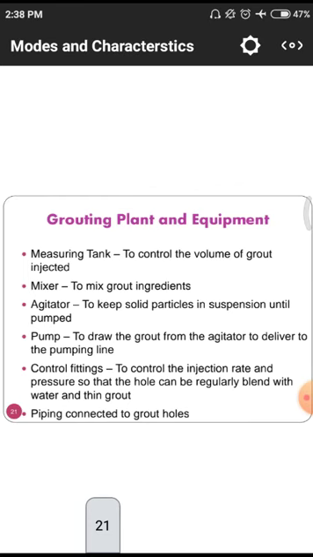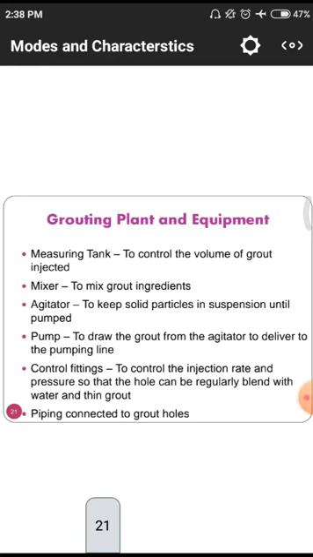Next one is control fittings. Control fittings means that in this particular grouting technique we have to apply forceful pressure. For that purpose they use different pumps and pump lines.